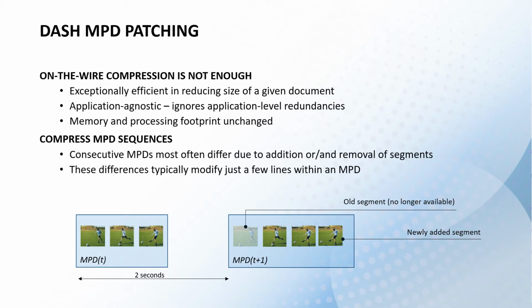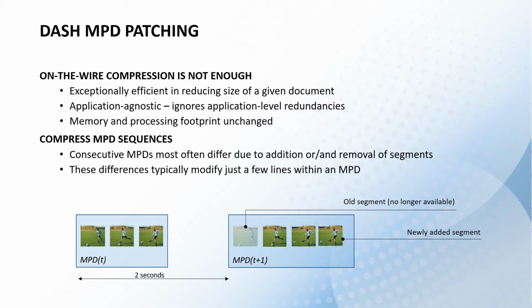The difference between two consecutive MPDs in the vast majority of cases is going to be minimal. Let's say you added one segment and you may have removed one segment. If you have one adaptation set for audio and one adaptation set for video, the whole difference is 4 lines.